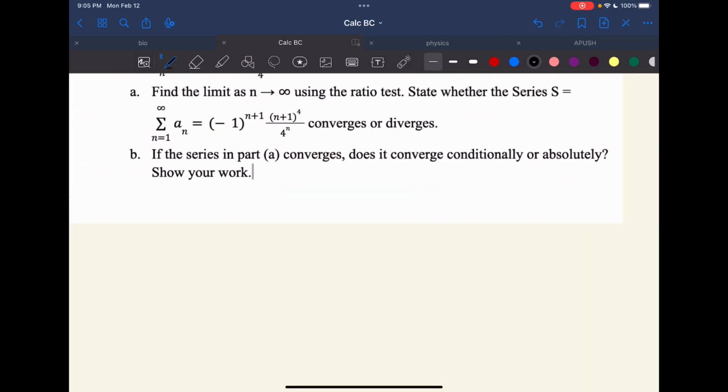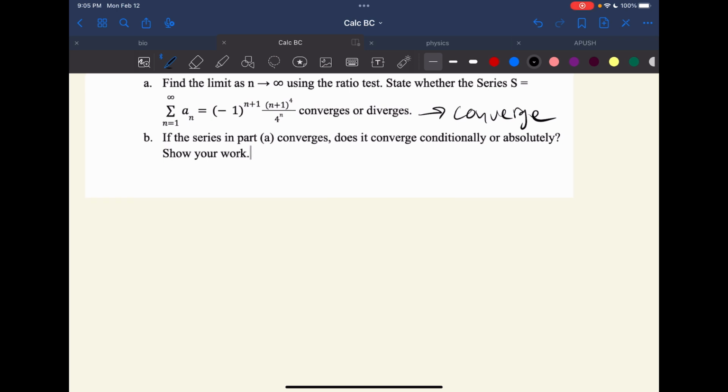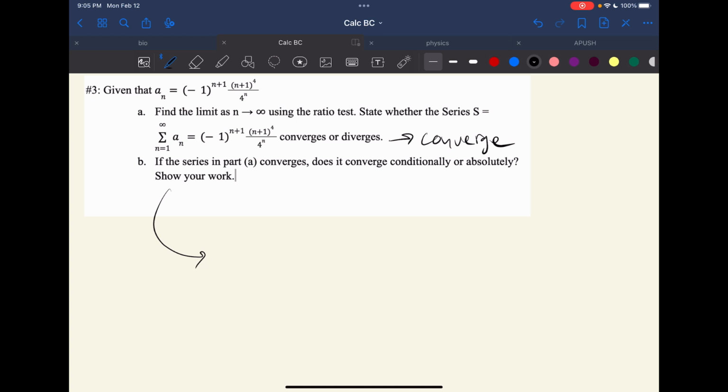Okay, so for part B, it's asking if the series in part A converges, does it converge conditionally or absolutely? Show your work. So if we want to know if it converges absolutely, we're going to have to take the absolute value.